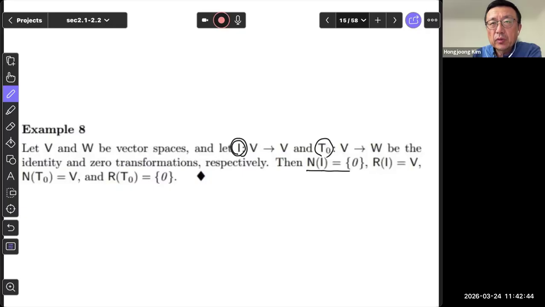The range will be the same as the domain. And in case of T naught, all the vectors in the domain will be mapped to zero by definition. So the null space of T naught will be the whole space, and the range will be just the zero vector because every vector in the domain will be mapped to zero.